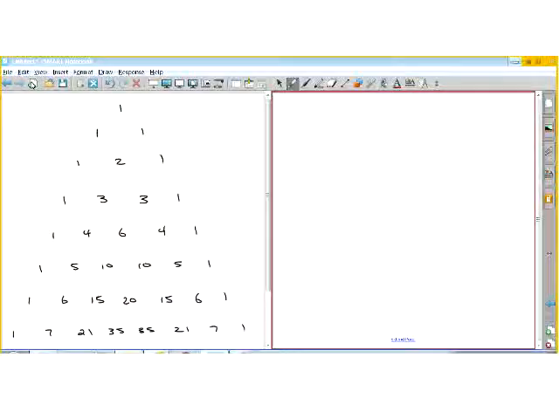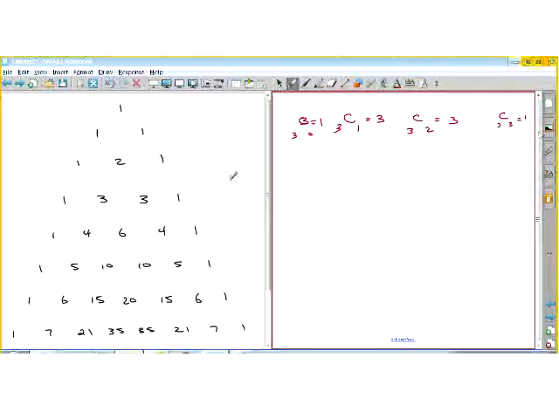So let's say we don't remember what we were doing. 3 things 1 at a time is 3, and 3 things 2 at a time is 3. 3 things 0 at a time is 1, and 3 things 3 at a time is 1. So when you have 0 or you have the same number, it's 1, and so you have the symmetry.